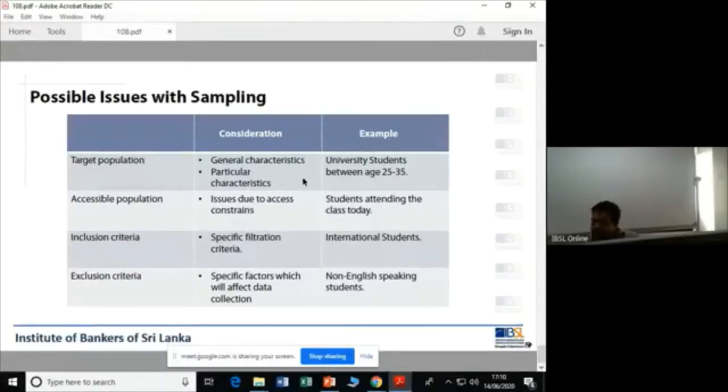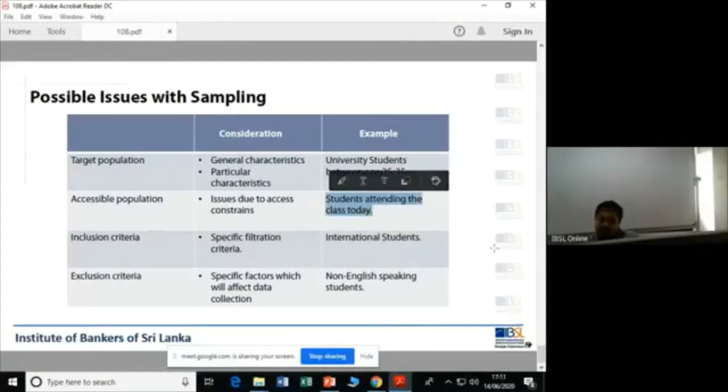Having set the target population, we may have some limitations when you come to the accessible population. Now, similar to my very first example, which we discussed today, of students who completed their advanced level examinations. So when we are trying to do this survey of university students between age 25 to 35, your accessible population for your study may be the students who are attending the class today.